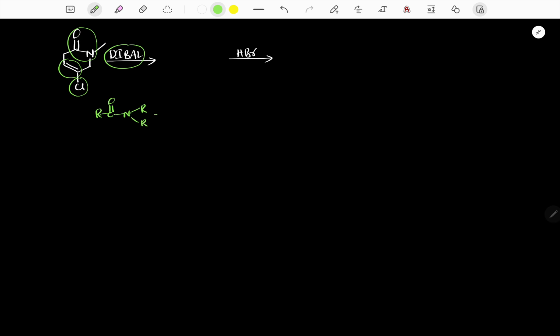When a tertiary amide is treated with DIBAL, simply nucleophilic substitution takes place, and finally it gives the corresponding aldehyde and secondary amine. Similarly, in this case also, H minus attacks, the leaving group leaves, and taking acidification as granted, we get the aldehyde and the corresponding NH group. It is the final product.